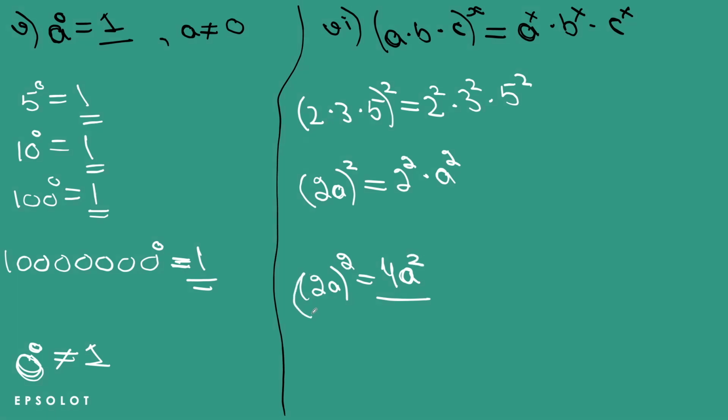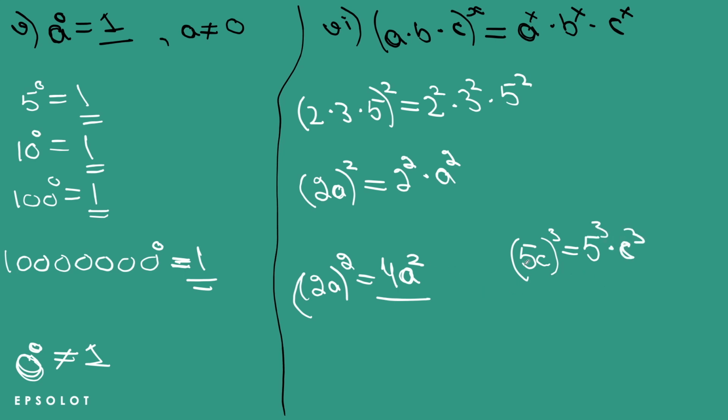Every number or variable that you have inside the bracket will have to be raised to the power if you're using brackets. The same goes for 5c. If I did cubed, then it would be 5 cubed times c cubed.